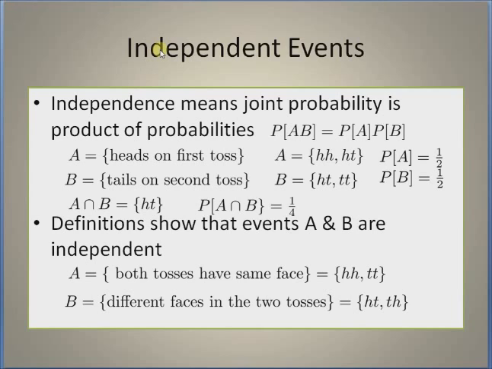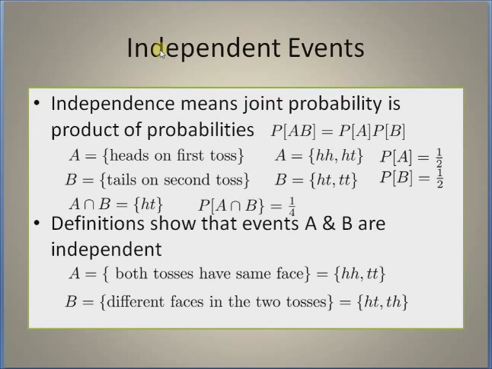Now we can look at the difference between the concept of independence and the concept of disjoint sets. If two events A and B are disjoint from each other, that is, they do not have anything in common, then their joint probability is equal to 0. Let us define two new events A and B. A is the event in which both tosses have the same face, that is, the outcomes are heads and heads, tails and tails.